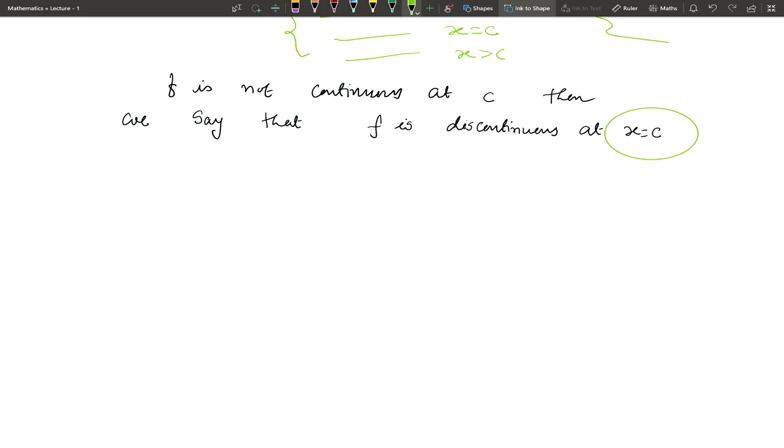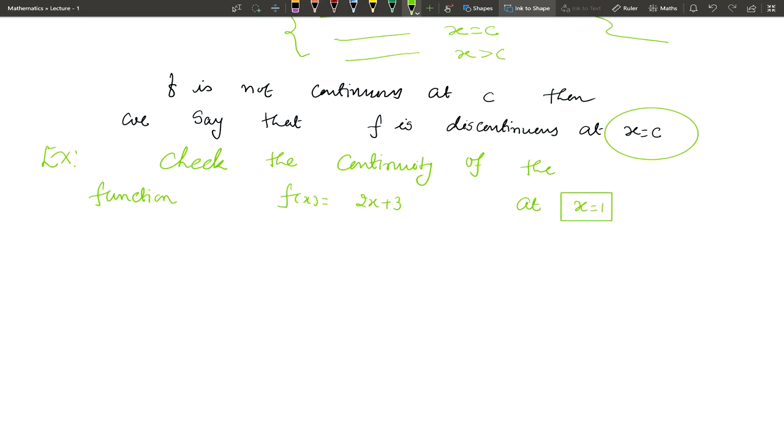For example, check the continuity of the function f of x equal to 2x plus 3 at x equal to 1.